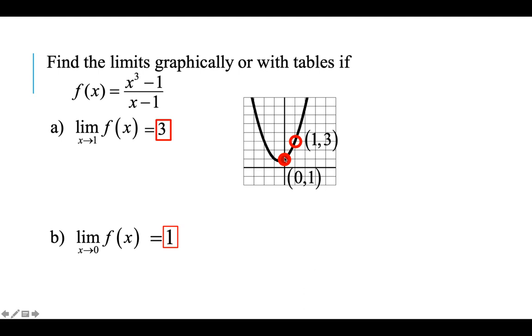So the limit as x goes to 0 of f of x equals 1. Now, it's nice that f of 0 is 1, but it doesn't have to be. Just like with our limit as x approaches 1, it's still 3 even though f of 1 is undefined.